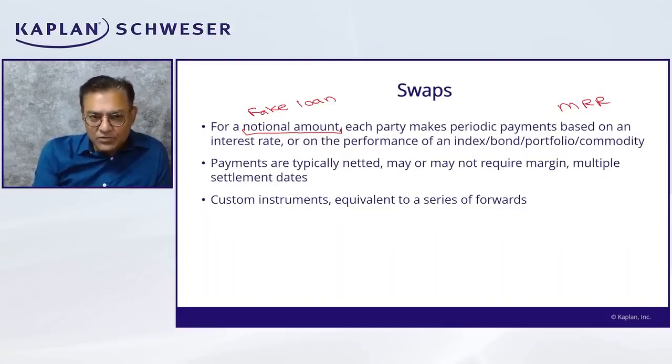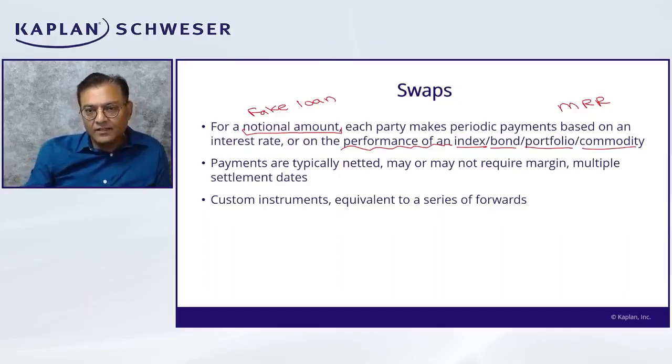In addition to interest rate, you can also have swap contracts which are based on performance of indices, so stock market index, performance of a bond, performance of a specific portfolio or a commodity. These are OTC or customized contracts, so you can have any readily observable security that determines the payoff on a swap contract.